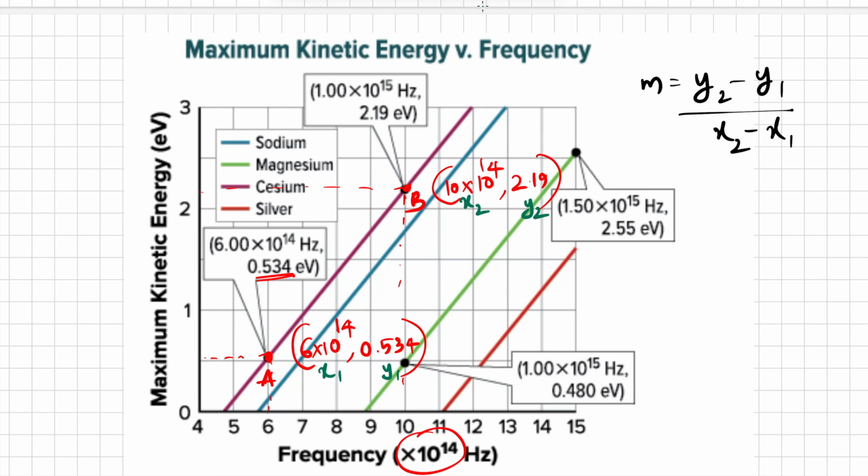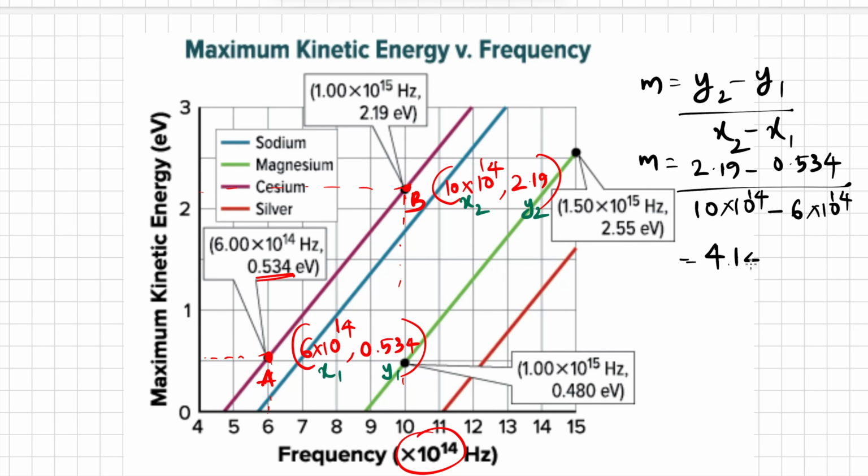Put the values in. m is equal to y2 is 2.19 minus y1 is 0.534 over x2 is 10 times 10 to the power of 14 minus 6 times 10 to the power of 14. If you do that, you will get 4.14 times 10 to the power of minus 15 electron volt per hertz.